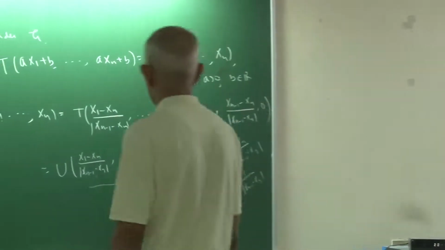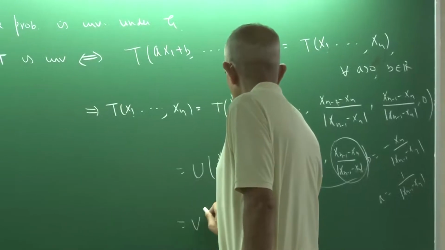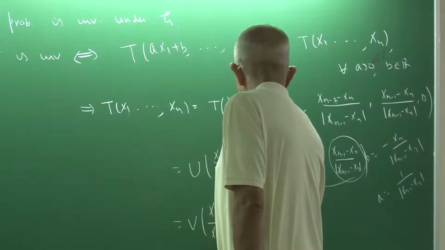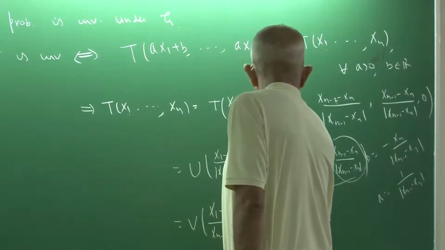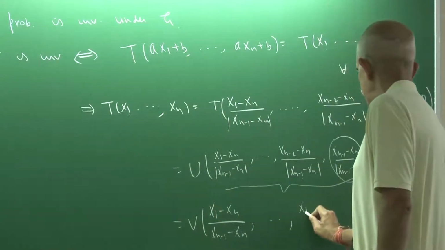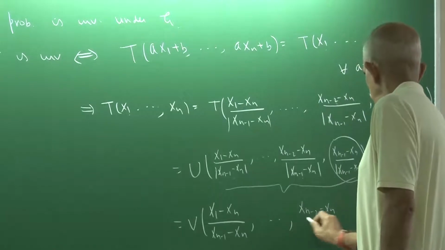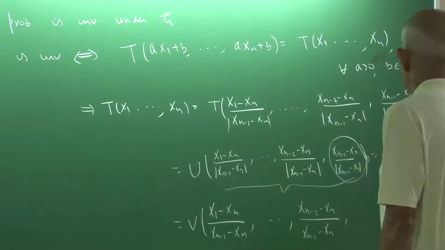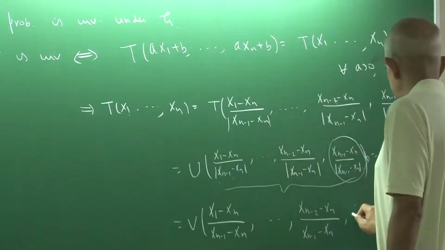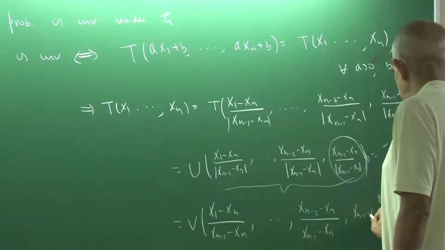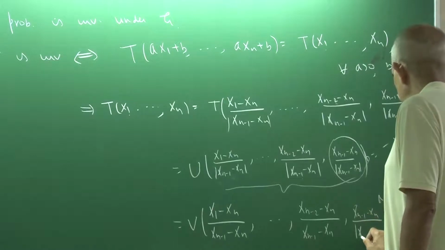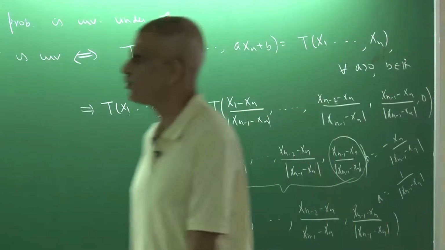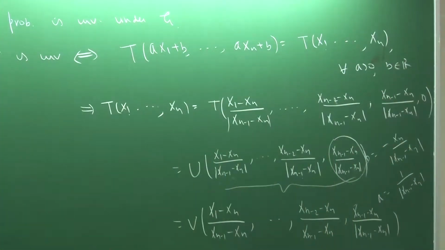So I can write this as V of x1 minus xn upon xn minus 1 minus xn, xn minus 2 minus xn upon xn minus 1 minus xn, and xn minus 1 minus xn upon mod of xn minus 1 minus xn, which you can write as w1, w2, ..., wn minus 1.